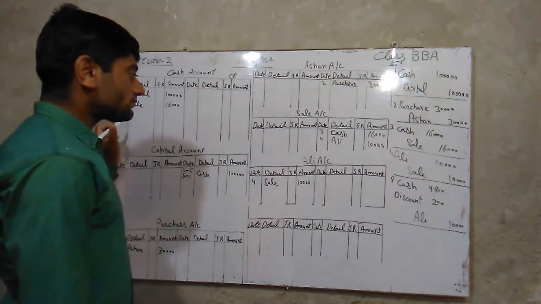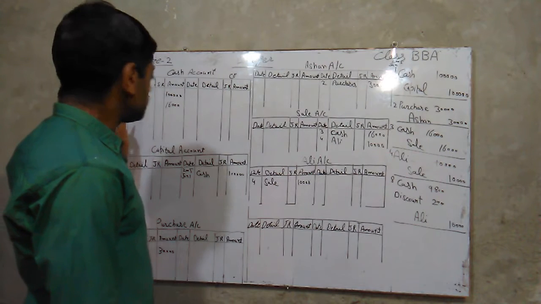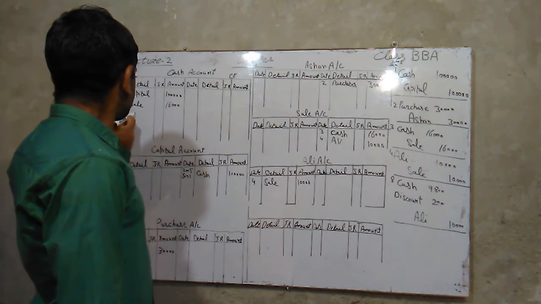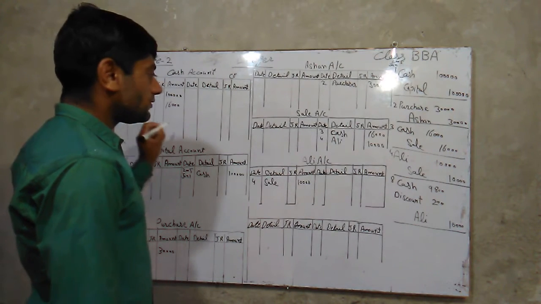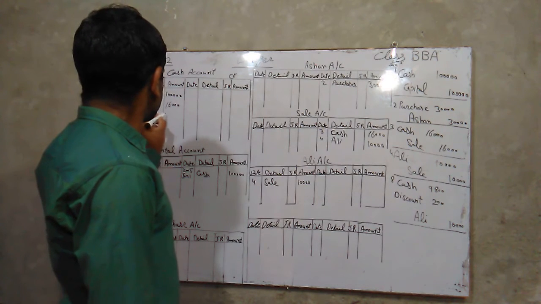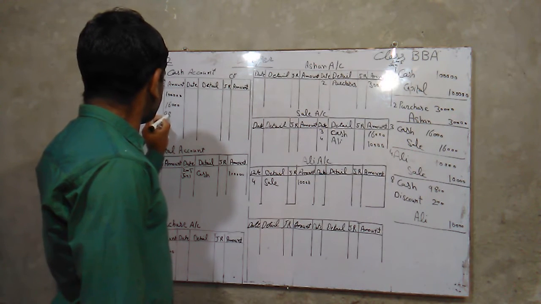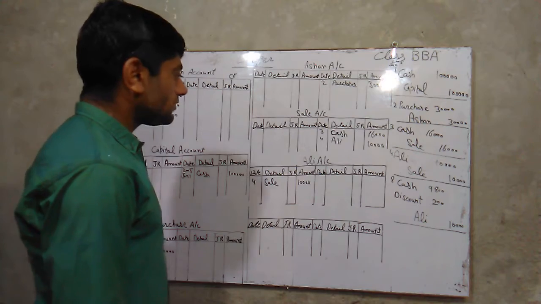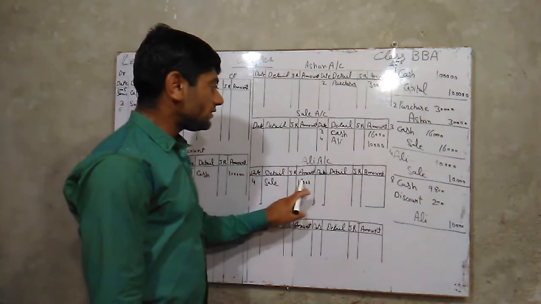So cash debit on 8th January with the amount of 9,800. Ali account is here.